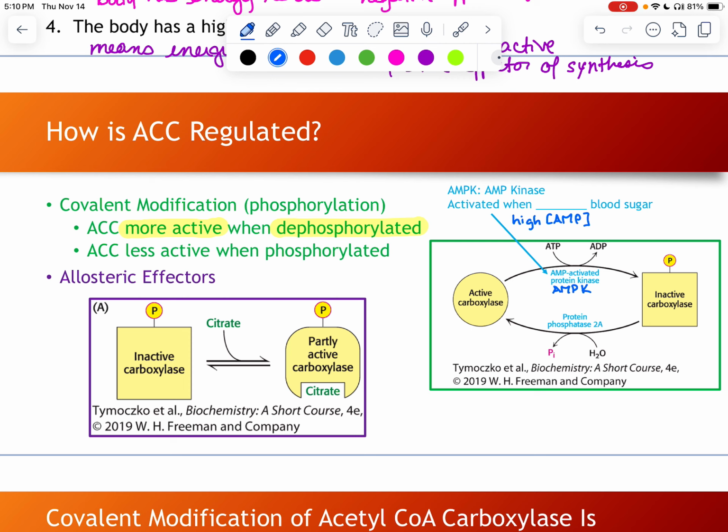And then step back to the blood sugar. When are our energy needs likely to not be met? Well, that will be when you have low blood sugar, right?